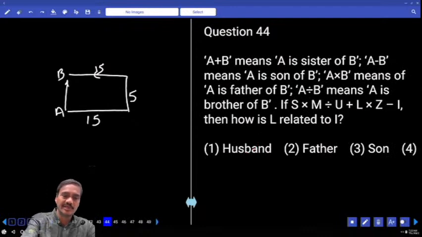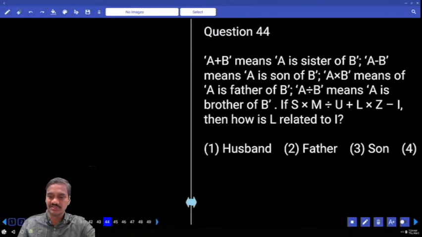Then 44, A plus B means A is the sister, A minus B means A is the son, and so on.